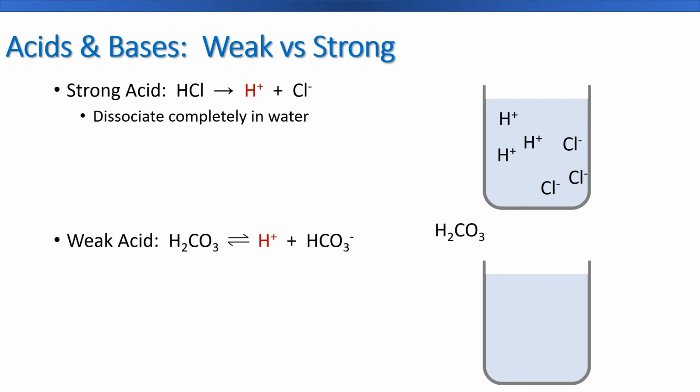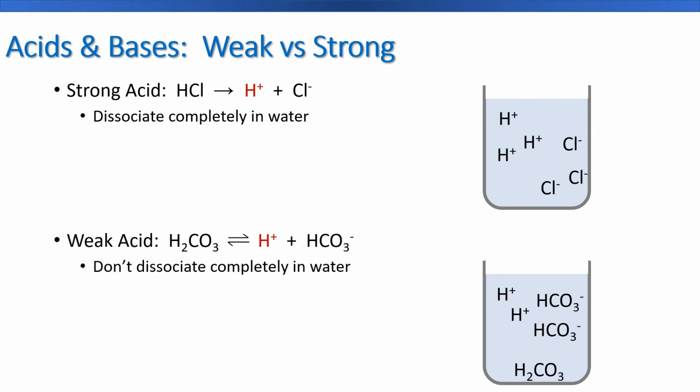Well, carbonic acid is a weak acid, and if we drop it into water, we'll get some acid dissociating into ions, but some of those molecules will stay intact. So for a weak acid, we could say that weak acids don't dissociate completely in water, and therein lies the magic of weak acids.